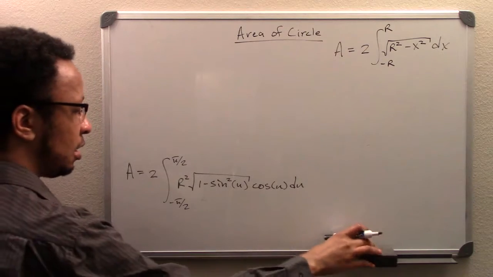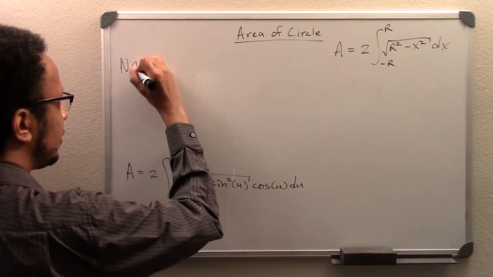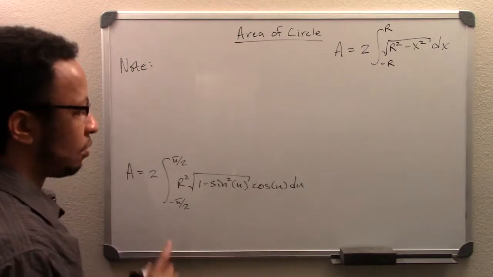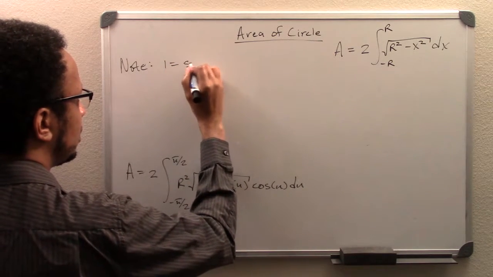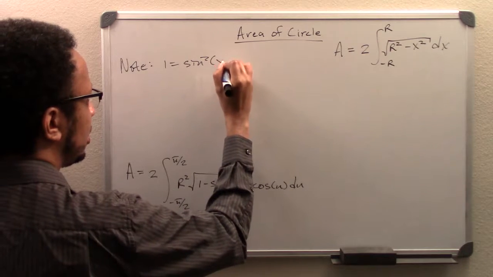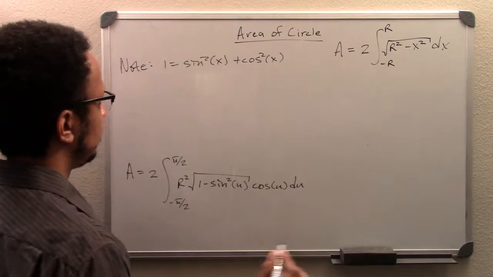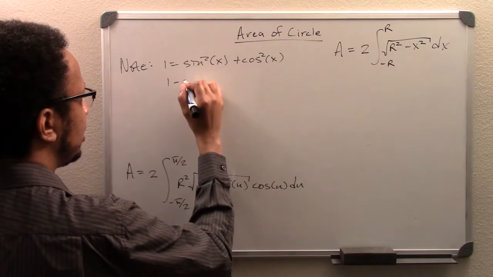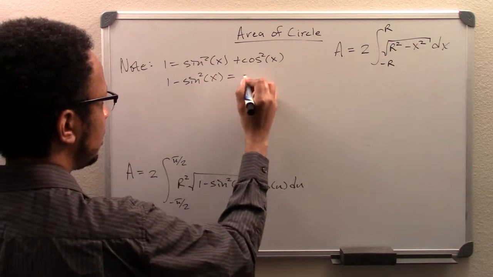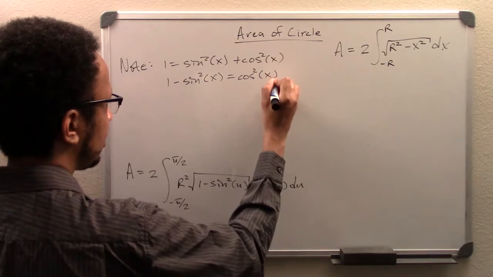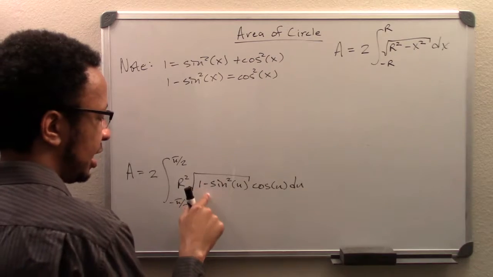What we must take note of here is the fact that 1 equals sine squared x plus cosine squared x, where x is just the argument. So 1 minus sine squared x equals cosine squared x. We're going to leverage that and put that in here.